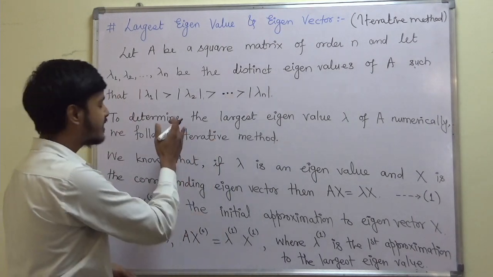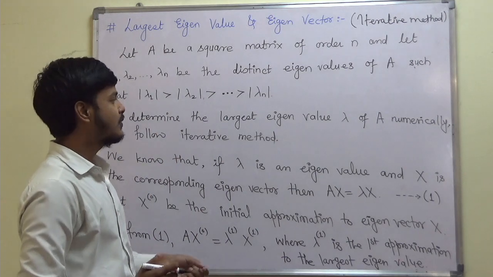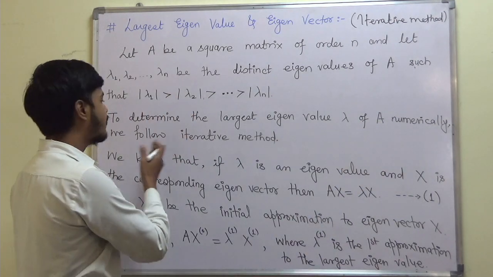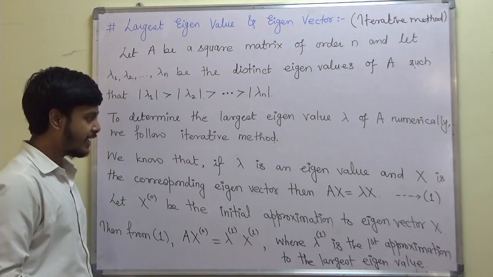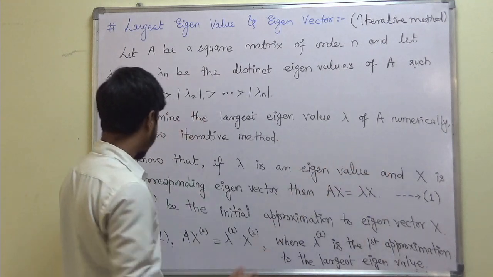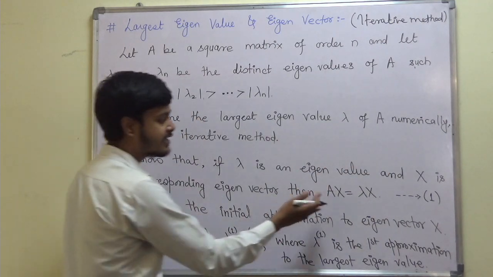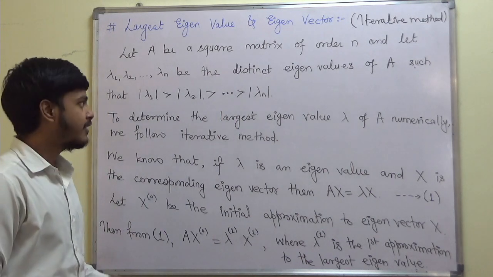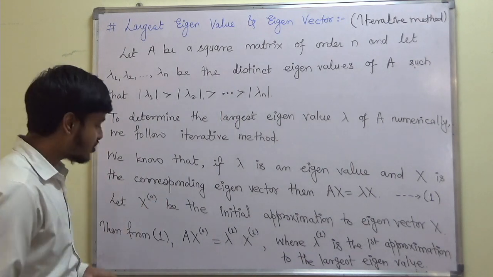Now to determine the largest eigenvalue lambda, namely lambda of A, numerically we follow the iterative method. We know that if lambda is an eigenvalue and x is a corresponding eigenvector, then Ax is equal to lambda x. So what we need to do in this method is start with an initial approximation.